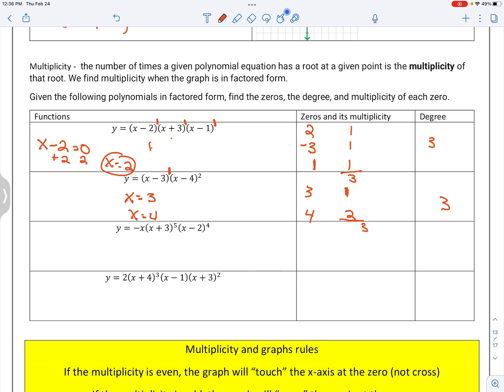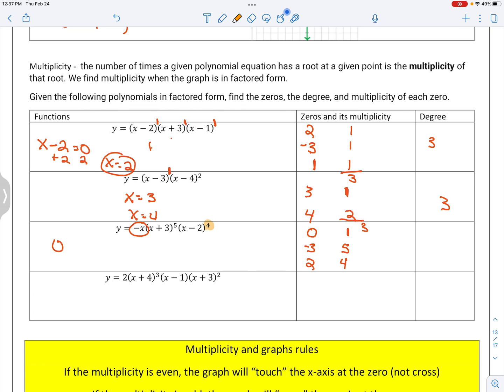In the next one, we have to remember that this is just going to be 0. So I have a 0, and then I have 1 at negative 3, and I have 1 at 2. The 0 has a multiplicity of 1, but x plus 3 has a multiplicity of 5, and x minus 2 has a multiplicity of 4.